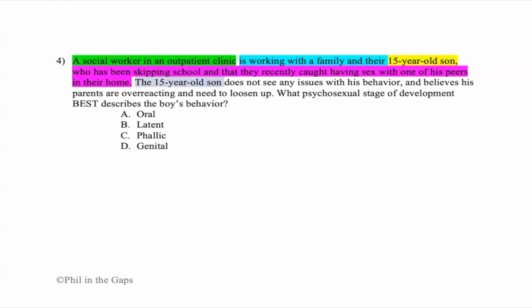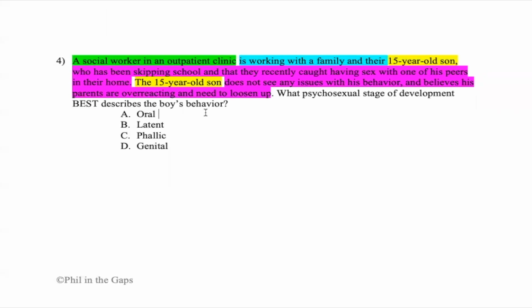The 15-year-old son, who is our direct client, does not see any issues with this behavior and believes his parents are overreacting and they just need to loosen up. What psychosexual stage of development best describes the boy's behavior?